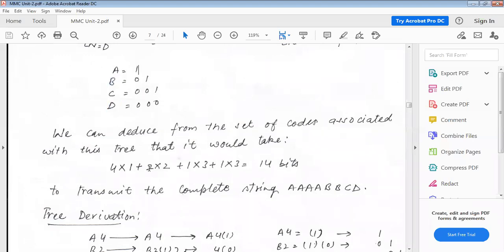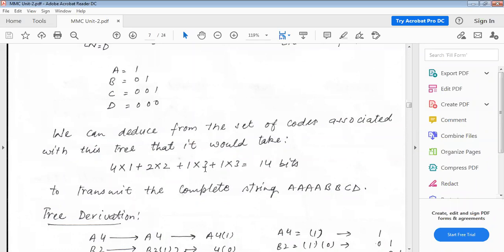Plus 1 times 3: C is repeating 1 time in the character set, so I write 1 here times 3, which is the number of bits in the code for C. C is 0, 0, 1, so 3 bits are there.